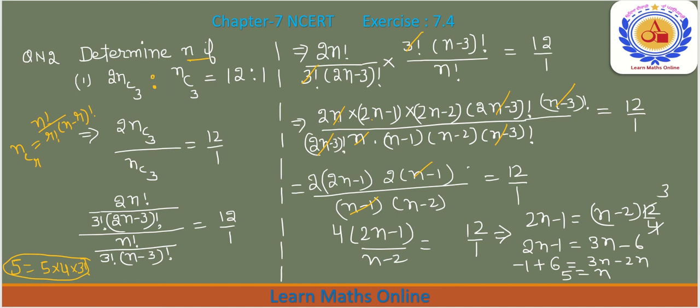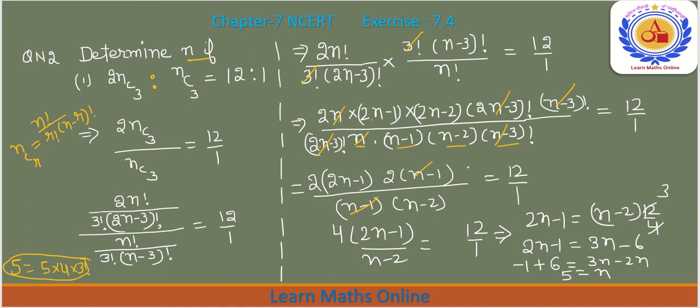So n factorial can be written as n into n minus 1 into n minus 2 into n minus 3 factorial. Now these few terms will be cancelled out: n minus 3 factorial cancels with n minus 3 factorial, 2n minus 3 factorial cancels with 2n minus 3 factorial, n is cancelled out with n.